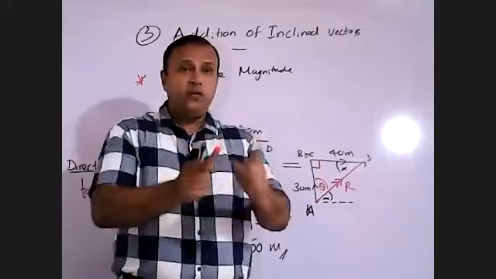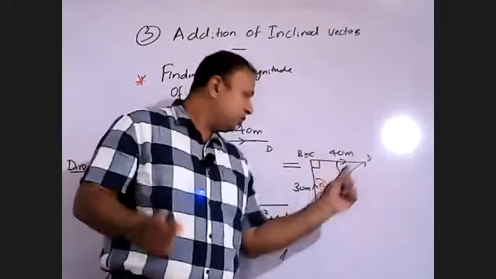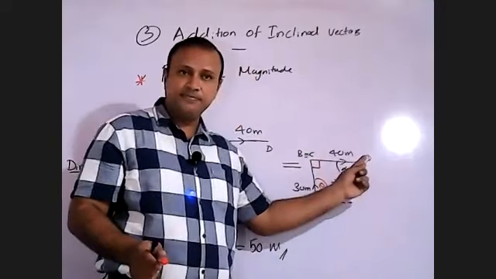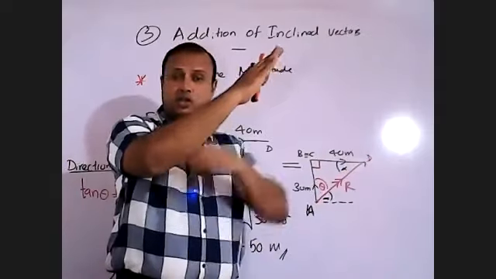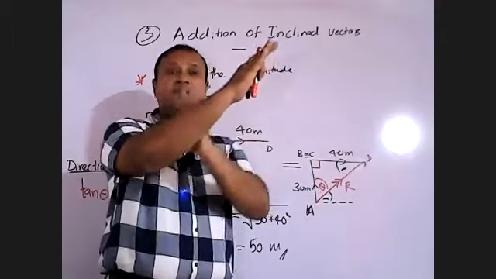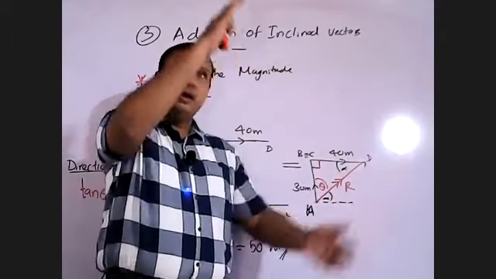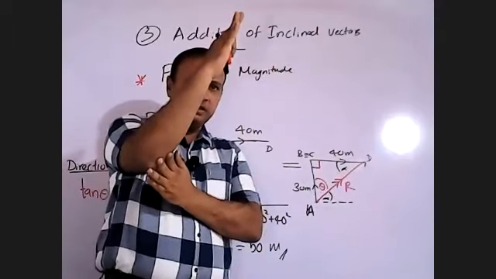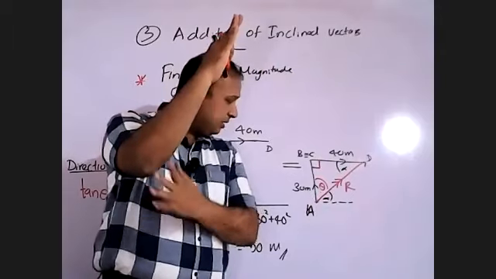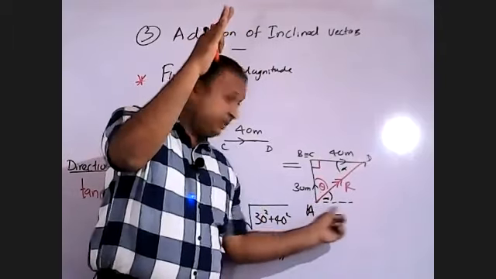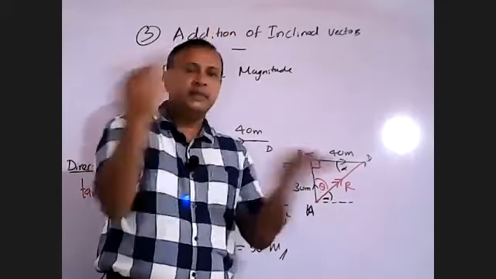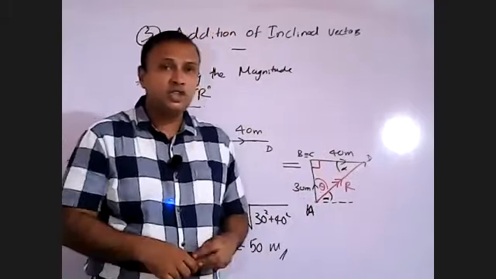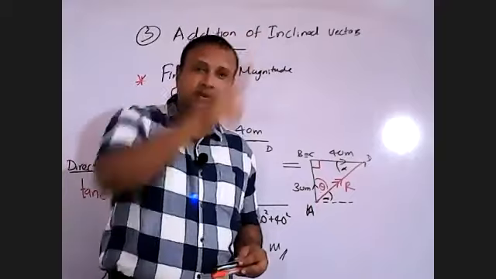So if you define that this vector is inclined to the vertical by theta, or inclined to the horizontal by alpha or something, then we can get the direction of the vector.